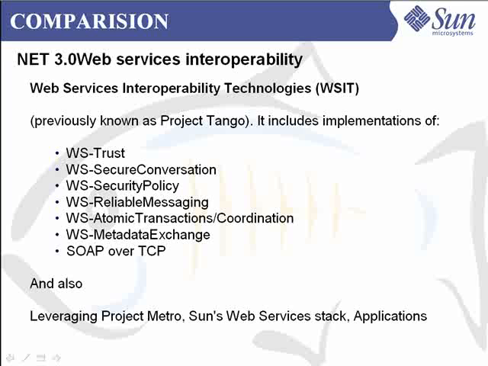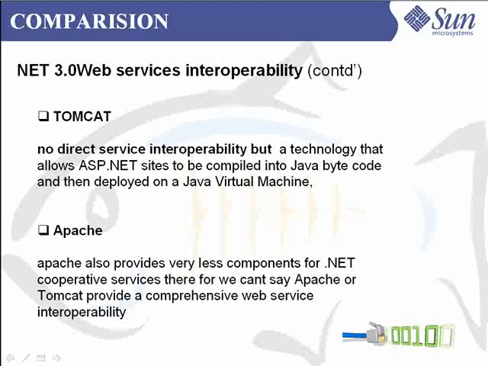Glassfish has newly added comprehensive technological architecture for integrating into .NET architecture. When you take Tomcat, there is no direct service interoperability, but a technology that allows ASP.NET sites to be compiled into Java bytecode and then deployed on a Java virtual machine on essentially any platform that supports a JVM.